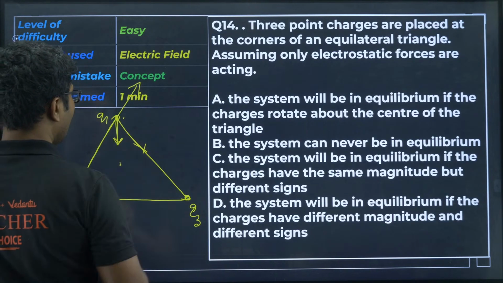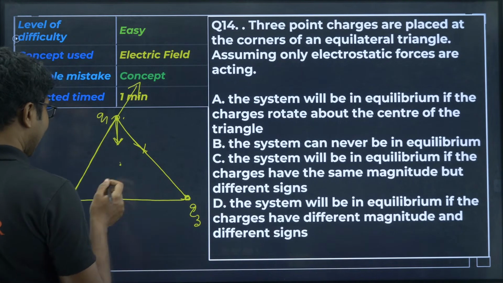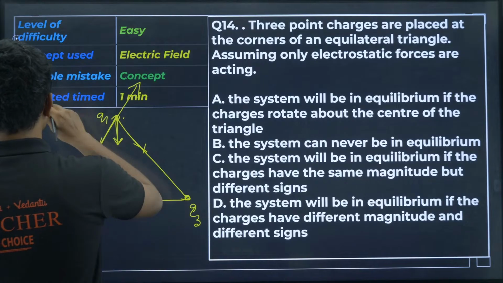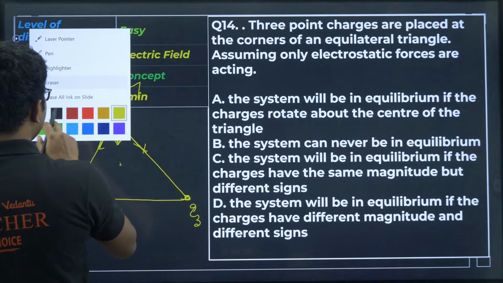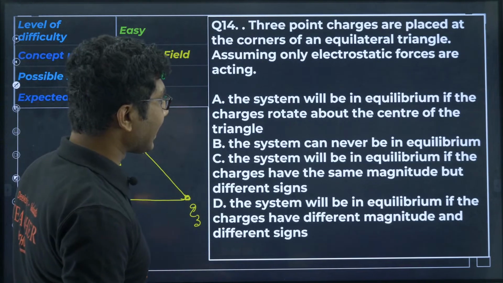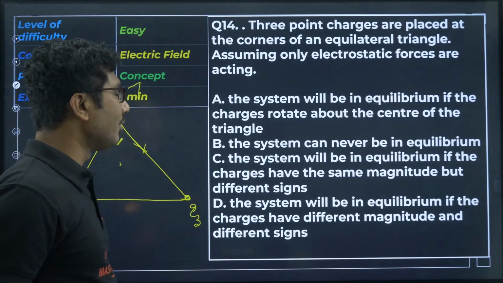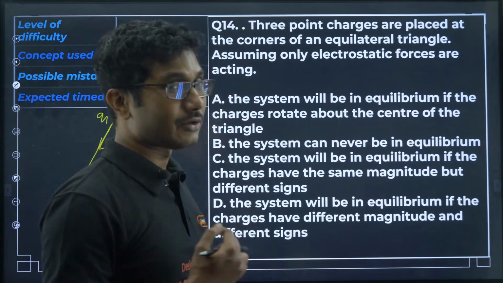Possibly no, right? Similarly here also. Suppose they are opposite charges, one positive, one negative. In that case, can it create equilibrium? Yes, they can, but in the option they have not mentioned anything about charges having opposite signs and rotating.